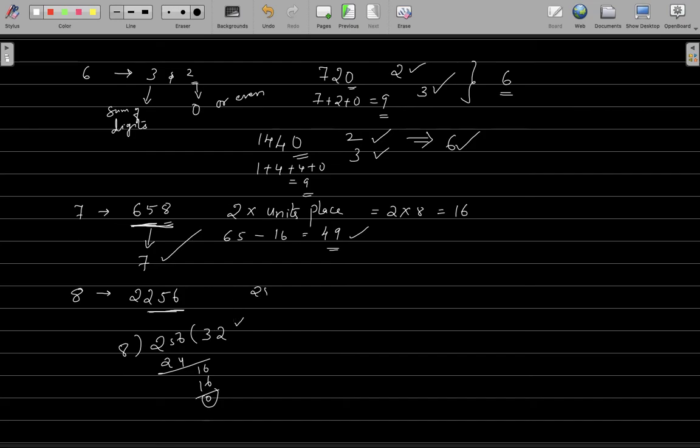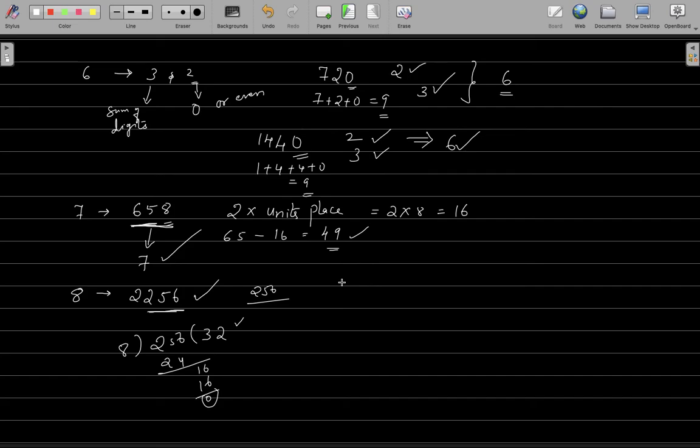So 256 is divisible by 8, so you can say this number 2256 is divisible by 8. So to check the divisibility of a number by 8, you have to check if the last 3 digits of the number are divisible by 8 or not.